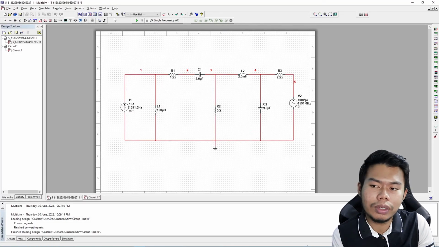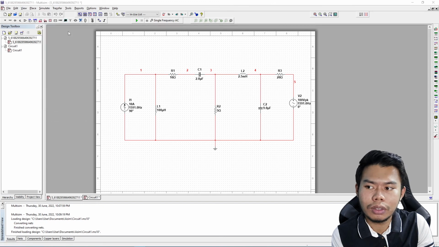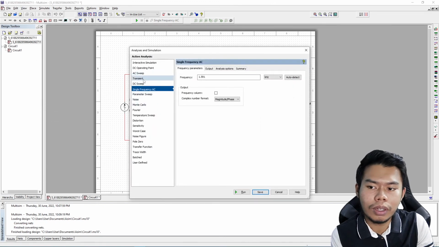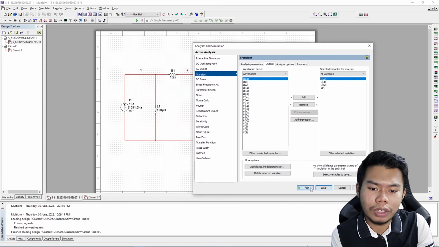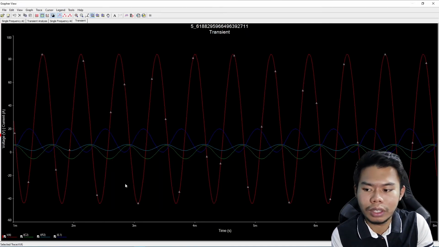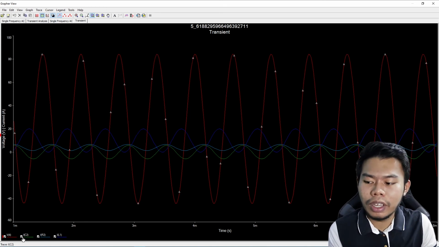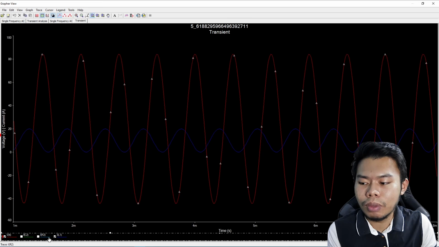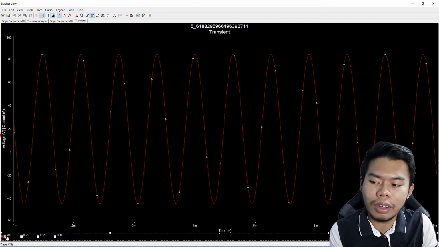And the next question asks us to find the step response. So we use the same method as question 1, transient analysis and output. The output is the same as the previous question. So this is all of the graphs we get from the circuit. We want to find the VT graph, so we turn off all, and this is the VT graph.